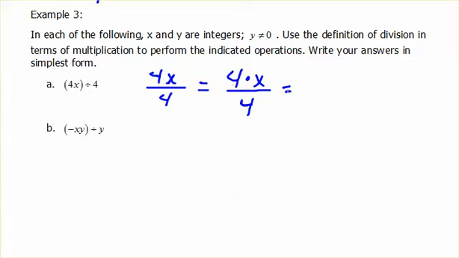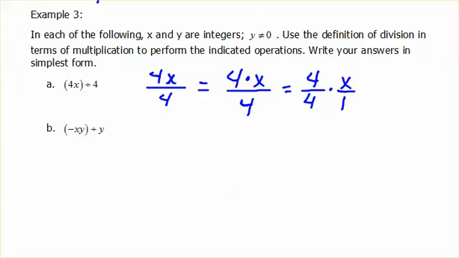And then because of the way that we multiply fractions, we could rewrite this as 4 over 4 times x over 1, because we would multiply numerators. 4 times x would be 4x, and 4 times 1 would be 4. So they could be separated this way.